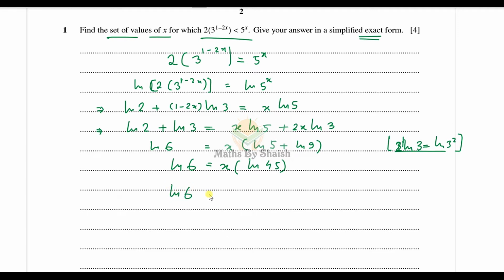So ln 6 is less than x times ln 45, or x will be greater than ln 6 over ln 45. At the last we'll write it this way, x is greater than ln 6 over ln 45, for this answer. And let's do the next question.